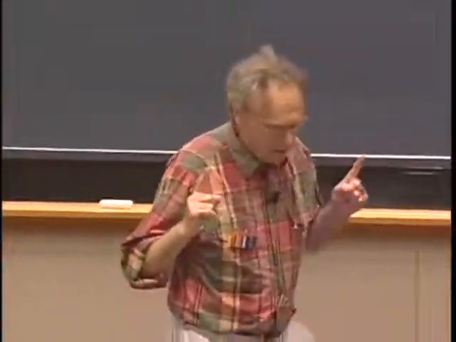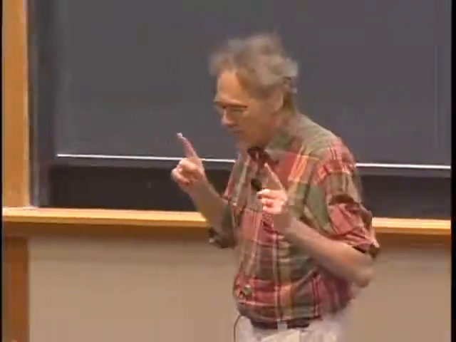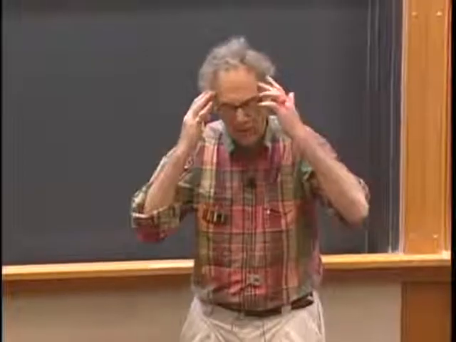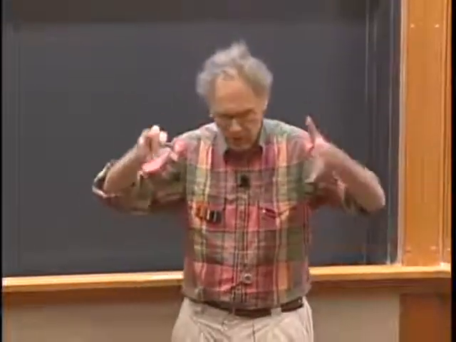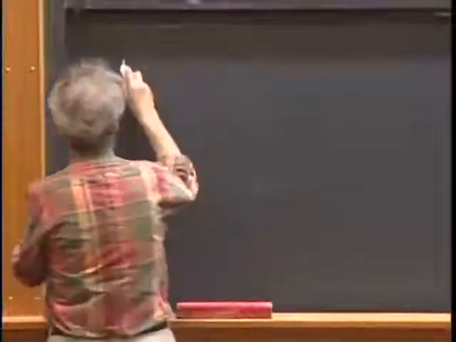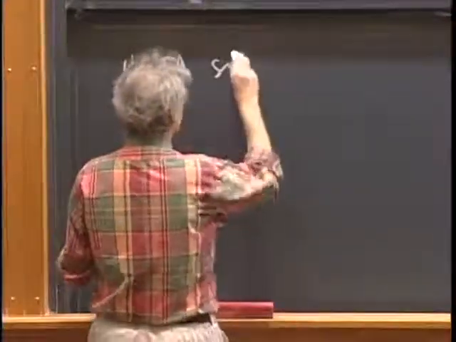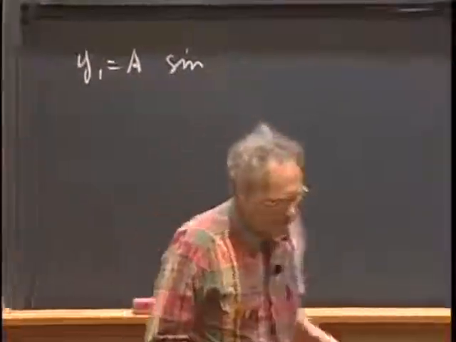I will start with two waves which have a different wavelength, and I will give them purposely a different speed of propagation. Think of this as being on a string, because that's always very easy to see, because that's a transverse motion. So I have y1, which is a certain amplitude, and I'm going to make it a traveling wave.